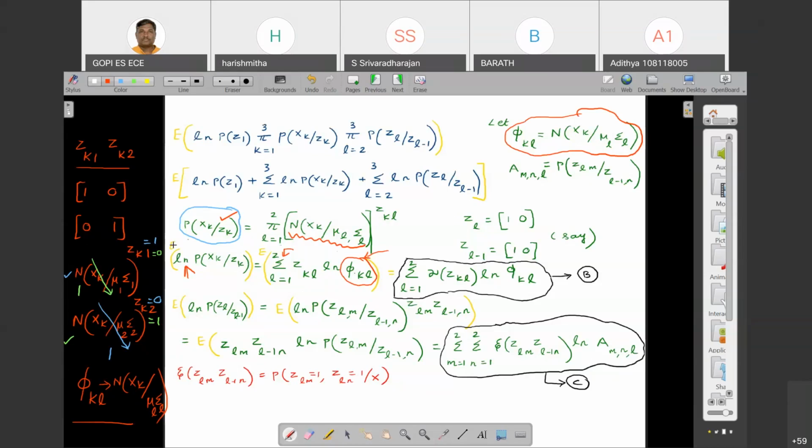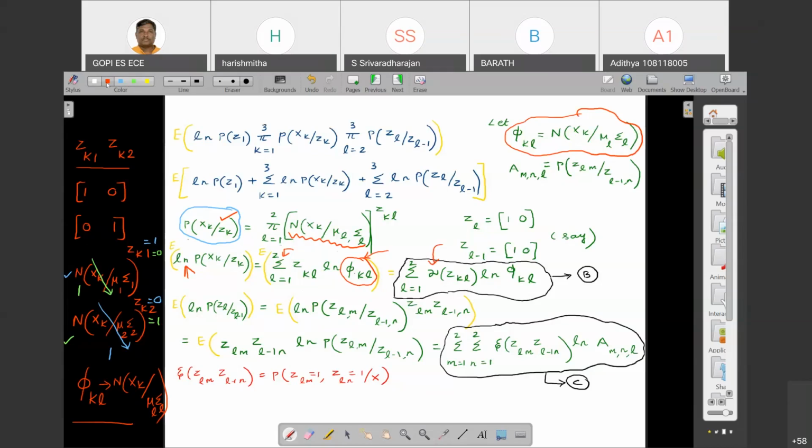And then bringing this expectation inside, as you know, the expectation of ZKL, just like what we had for the earlier case, we are representing that as gamma of ZKL. But you know what it is. Gamma of ZKL is nothing but the probability of ZKL equal to 1.